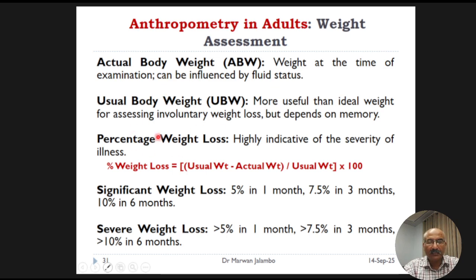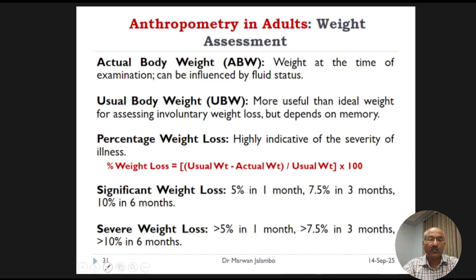Usual body weight is often a more useful clinical parameter because it allows us to assess unintentional weight loss, though it does rely on the patient's memory. The percentage of weight loss is a powerful indicator of the severity of illness. You can see the formula here.